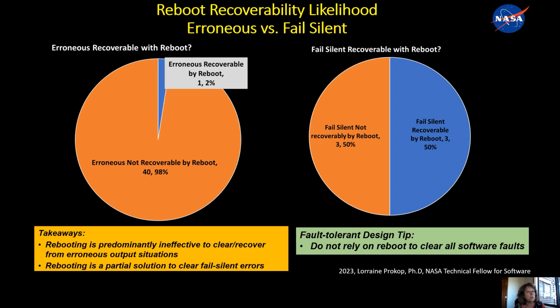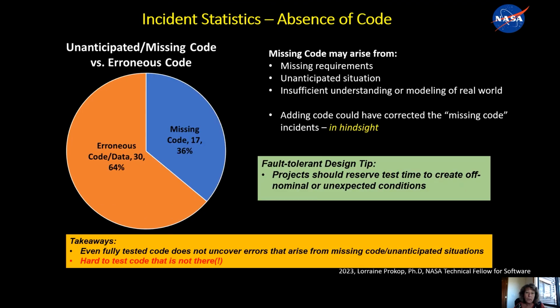So reboot is really ineffective for recovering from this. And even in the fail silent cases, only half of the cases that fell silent were recoverable by reboot. So the takeaway is really that rebooting is not effective if you have to rely on it. Certainly not for erroneous, and even questionable for the fail silent case.